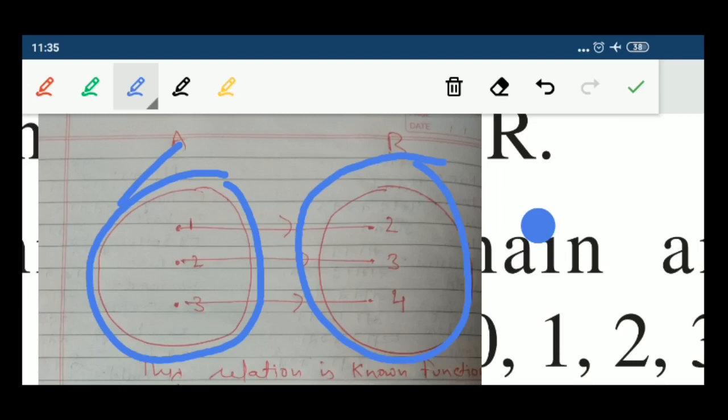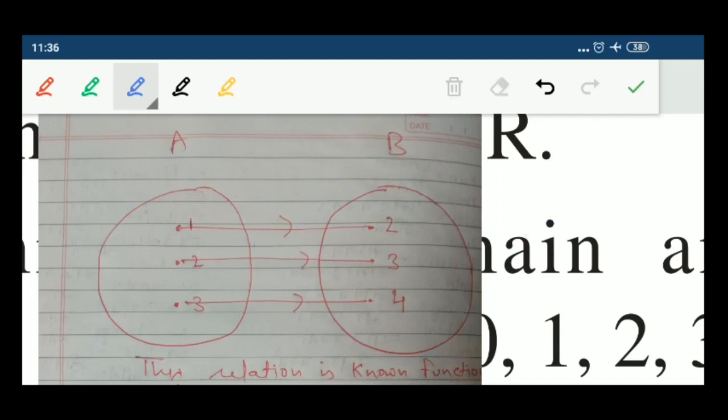The codomain of the function may be equal to set B, or it may be a subset of set B. Here you can see this set B is also called the codomain of this function.